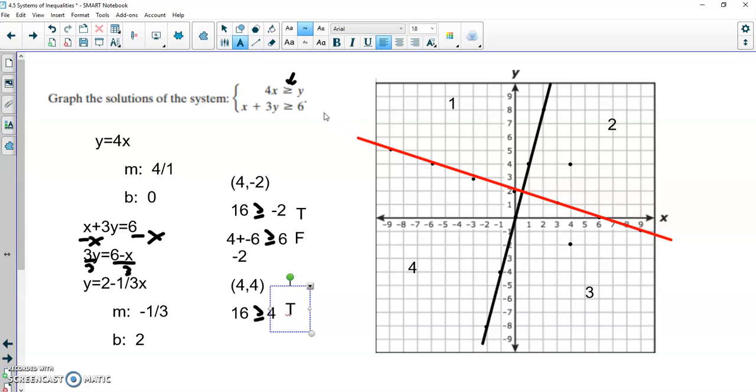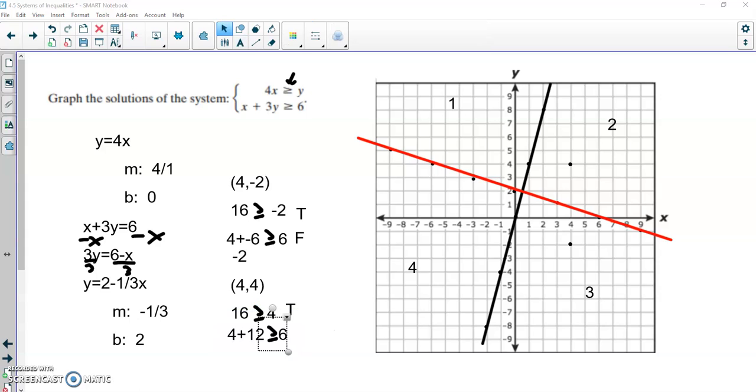But I remember you need to make sure it's true in both inequalities. So we plug it into the second inequality. So we have x, which is 4, plus 3 times y. Y is 4. 3 times 4 is 12. And I want to know, is that greater than or equal to 6?